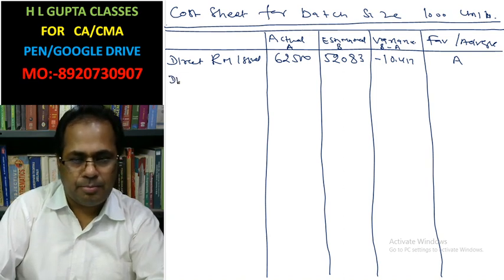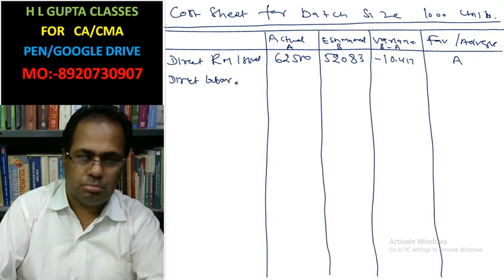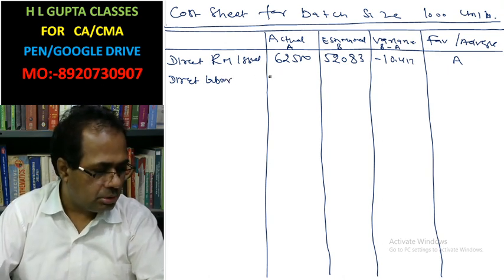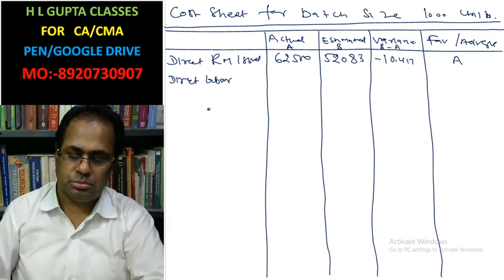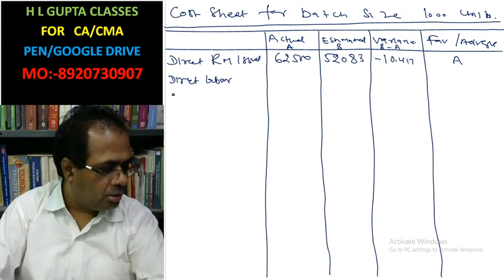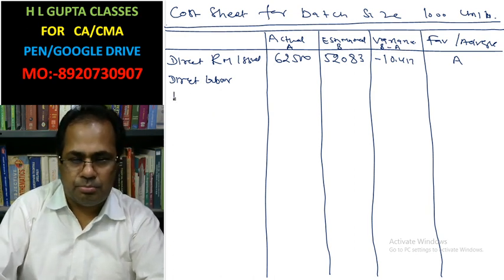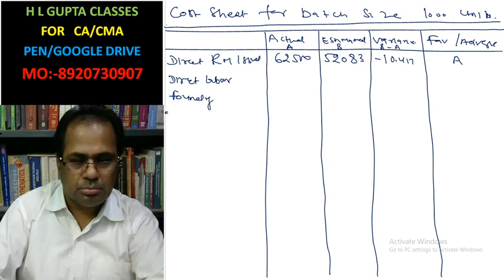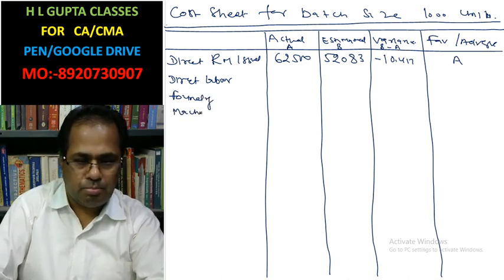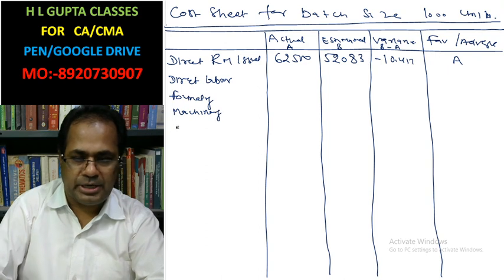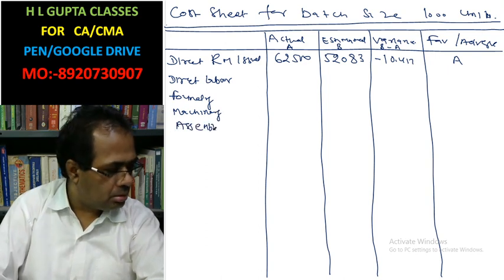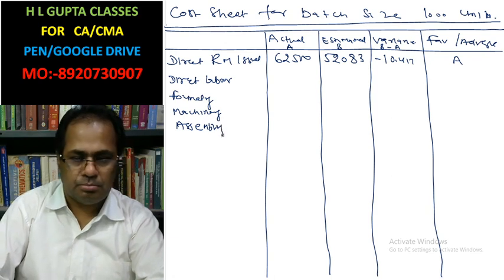Direct labor. Now you have foundry, machinery, assembling.